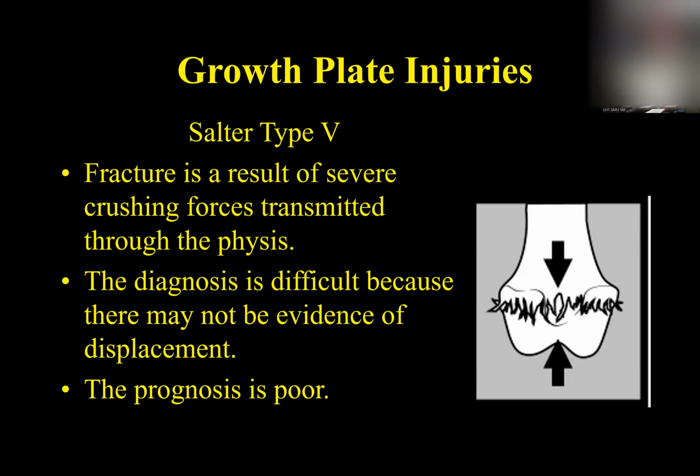Okay, growing just stops, because of the trauma and grinding of the two fracture fragments together and destroying the growth potential. So these fractures again will heal, but the bone's not going to grow and it's going to stop growing, which will lead to angular limb deformities because now one radius is growing normally and the other one is not. Okay, so the prognosis for these is also relatively poor.